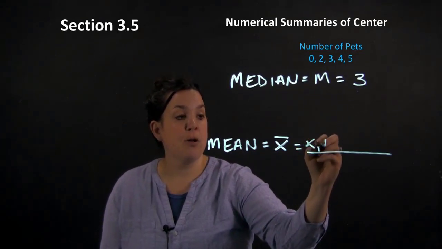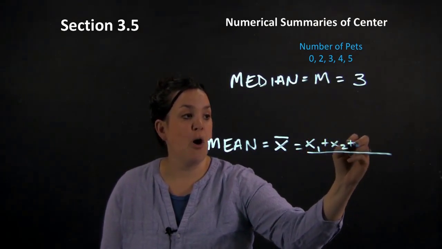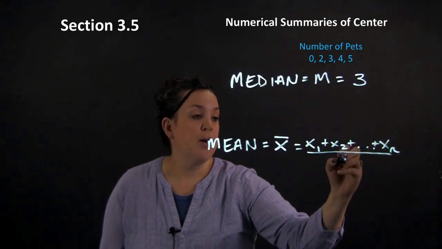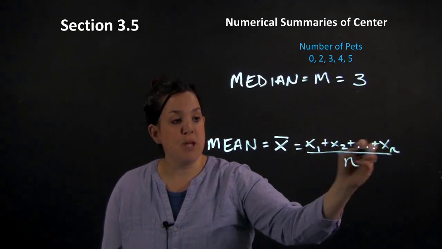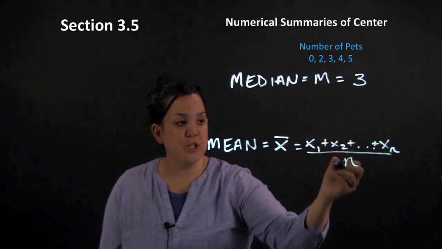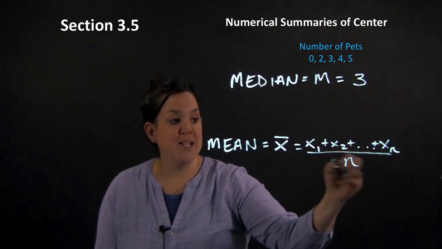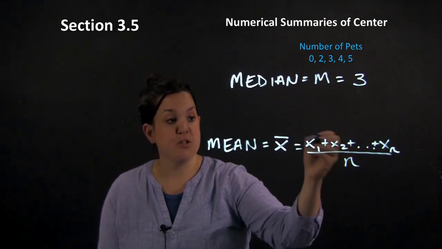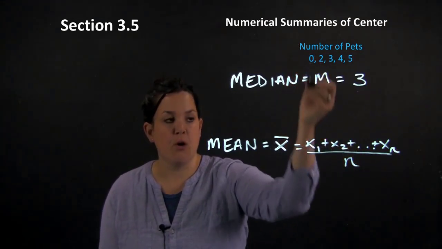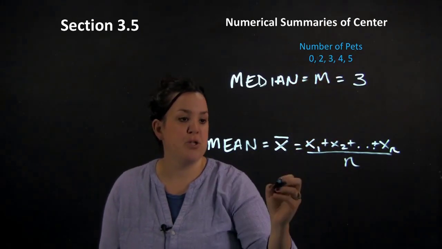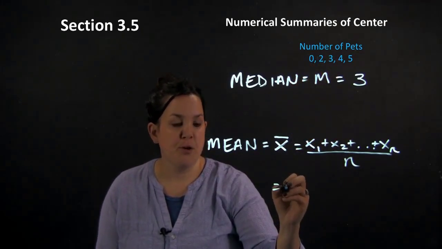So x sub 1 plus x sub 2, and you do it all the way out to x sub n. This simply means that you do it for the first observation, the second observation, all the way to the last observation, where n is the total number of observations. So x sub 1 here would just be 0. X sub 2 is the second location in the data set, so it would be 2. It just means the location.